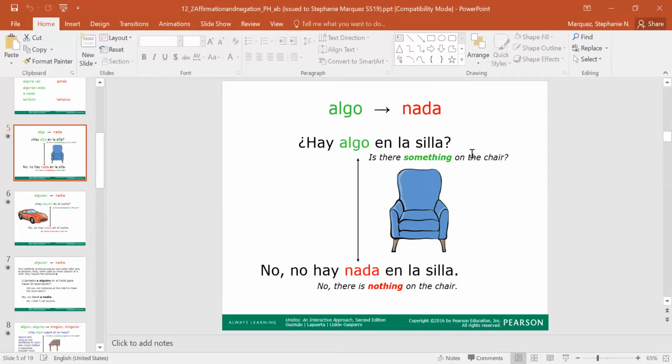And you can see they have translated the sentence there for you, since they even know that these are hard to translate sometimes from English to Spanish, so they wanted to make sure that you made no mistake about it. And then someone answers the question, no, no hay nada en la silla. And we know that's a negative word because it's in red. And what does it mean? No, there is nothing on the chair.